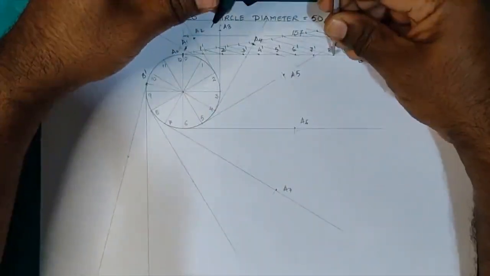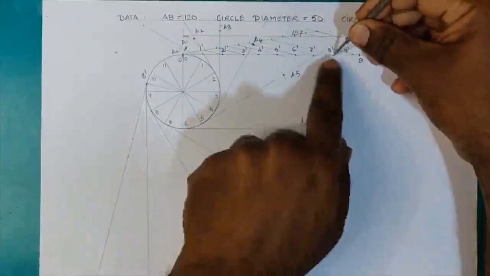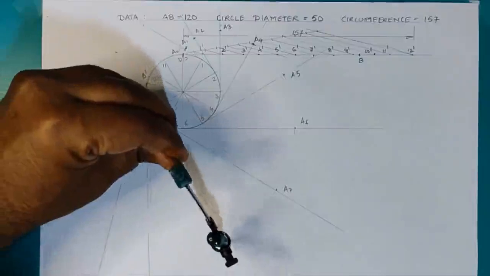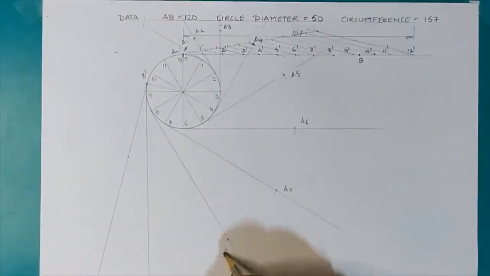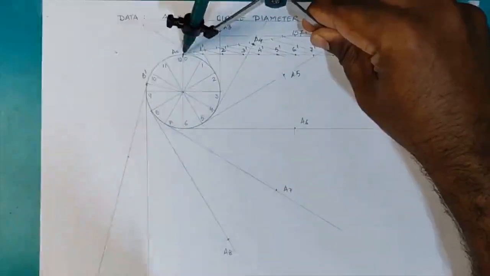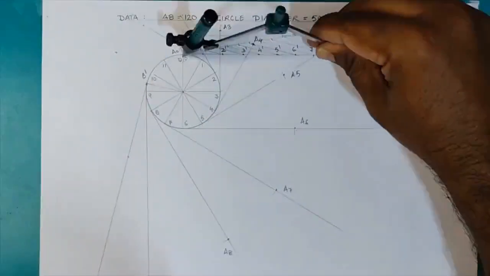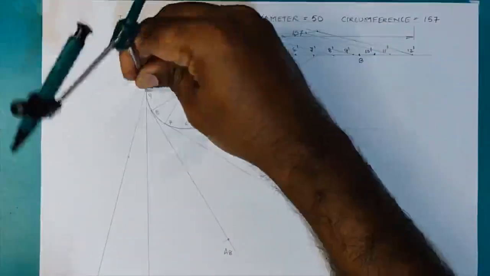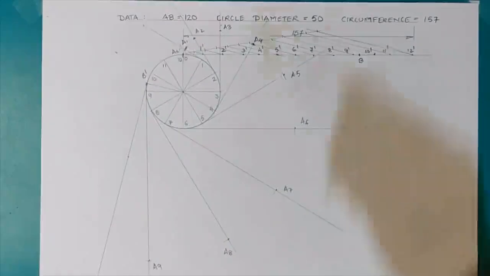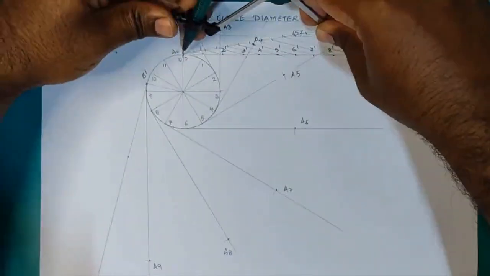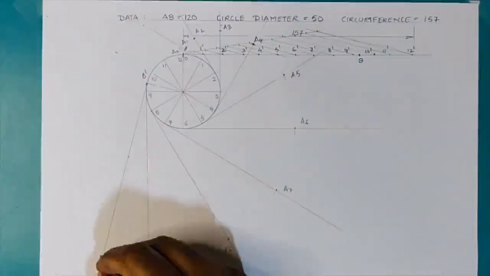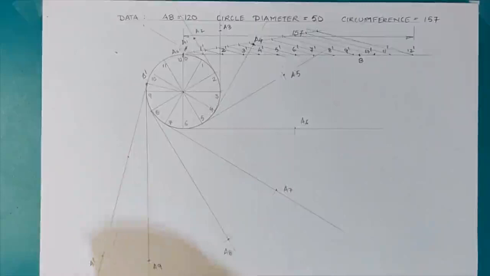Next, 8 dash to A I am taking, keeping the point on 8 on the circle, marking it on the tangent through 8. Next, 9 dash to A I have taken, keeping it on the tangent through 9 and marking the point. Finally, I take the distance of B to A, that is 120 mm, keep it on B dash and mark and get the point A farthest away.